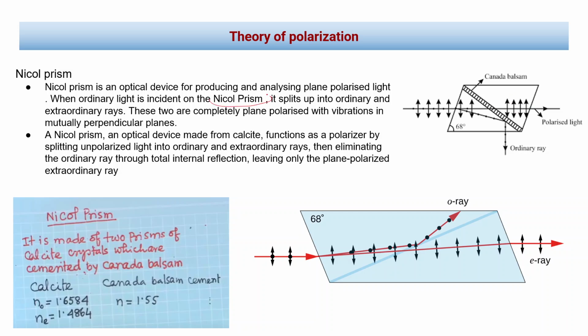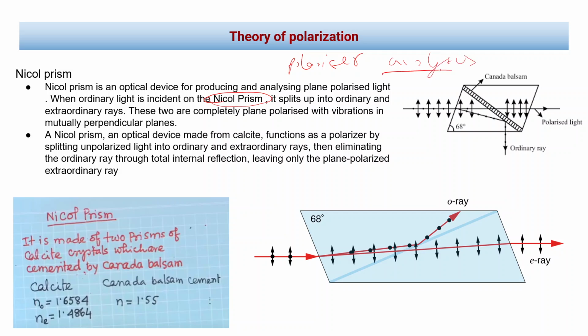So this is the application of these kinds of anisotropic crystals to make the Nicol prism, which we call a polarizer. We used it to change unpolarized light to polarized light, and then we use the same Nicol prism, depending on its angle with respect to the polarizer, as an analyzer.